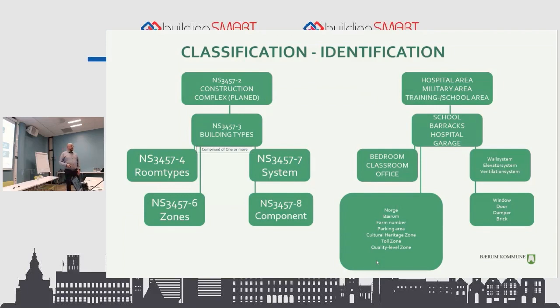So that's the farm and plot numbers. Then the building types, so the buildings on the complex: school building, barracks, hospital building. And the building contains systems that contain components. The building can also contain rooms, floors, and zones. So spatial standards or technical standards.